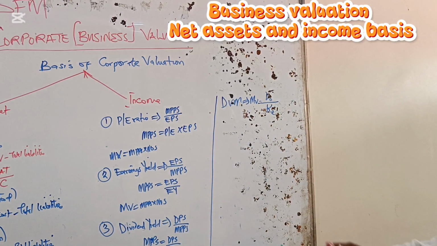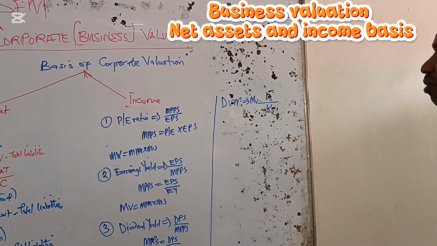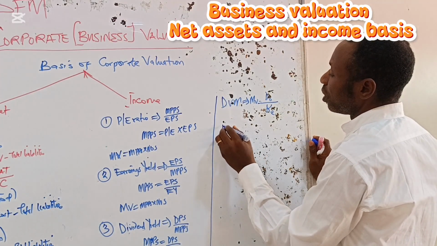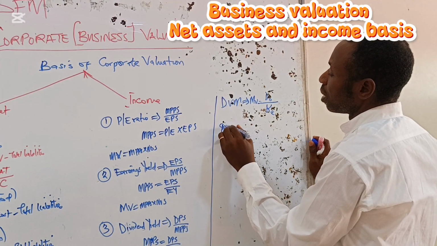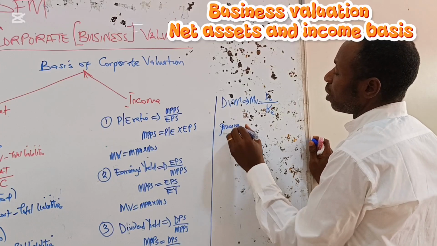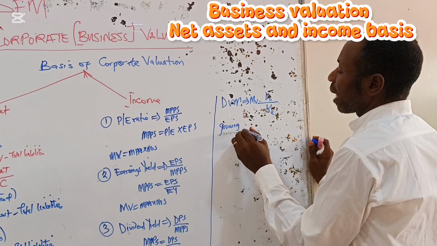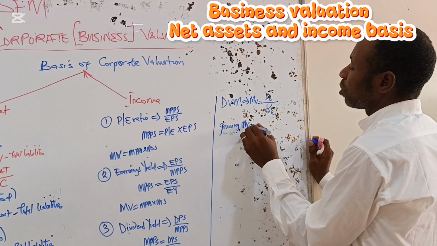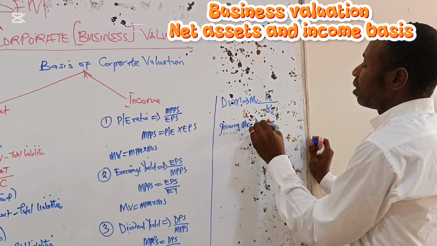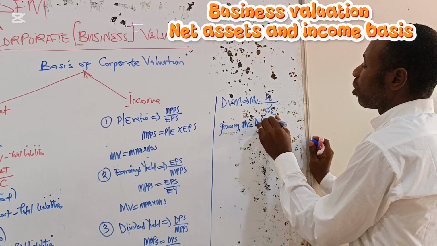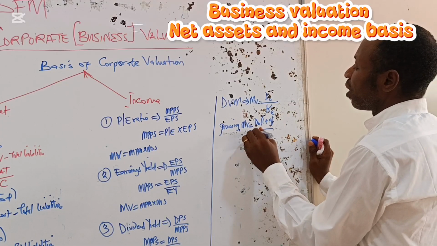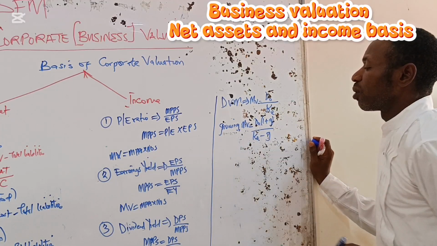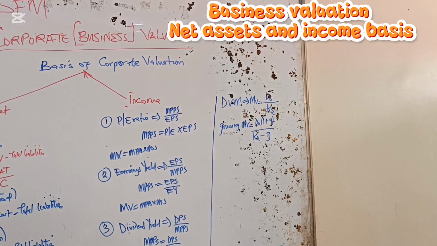You use the cost of equity to discount the dividend. However, when the dividend is growing, you will say market value is equal to the dividend that is constant times 1 plus growth all over cost of equity minus that growth rate.